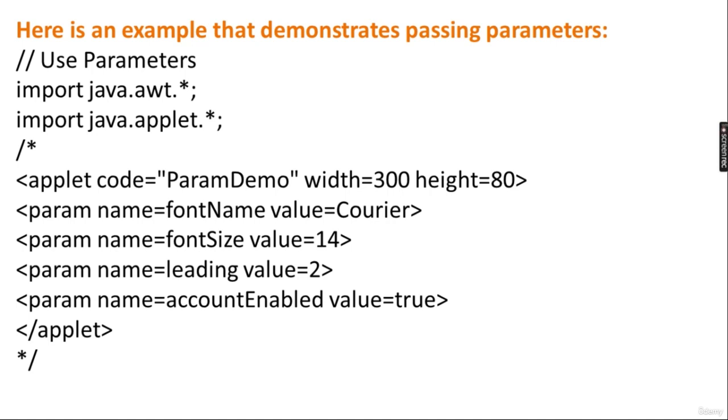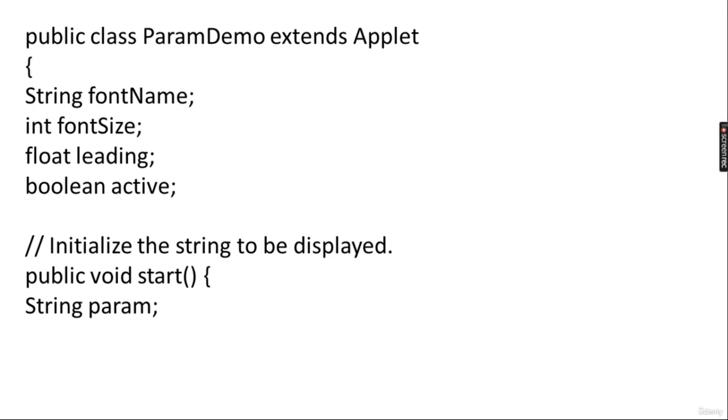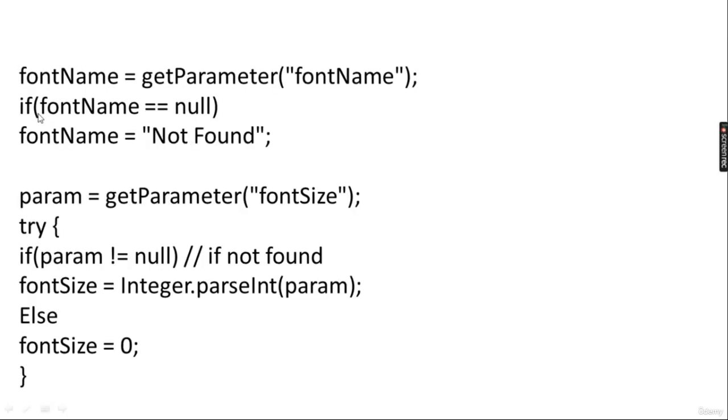Okay, applet code ParamDemo, width, height, param name fontName, value Courier. Parameter name fontSize, value 14, parameter name leading, value 2, parameter name accountEnabled, value true, and /applet. Okay, fontName, fontSize, leading, and active. Start: String param = getParameter fontName. If it is null, not found.